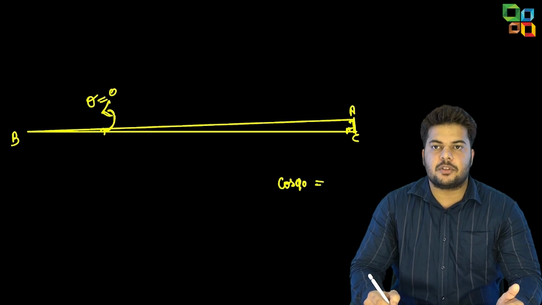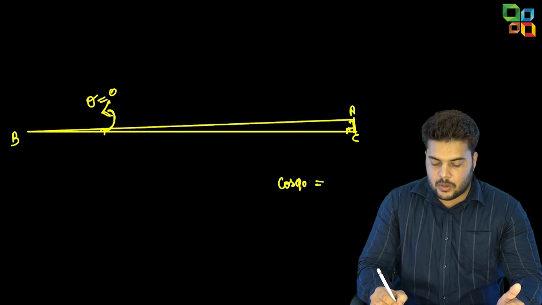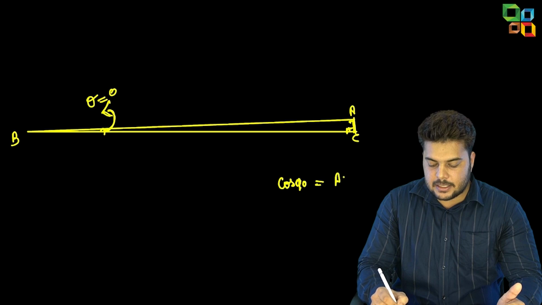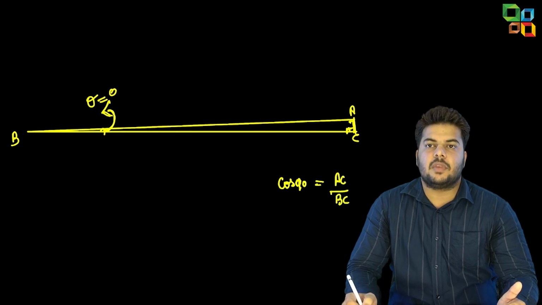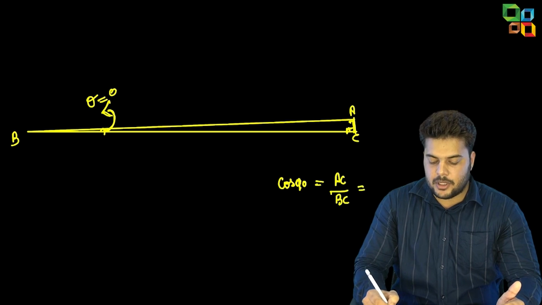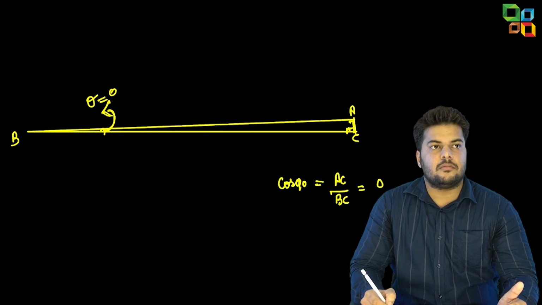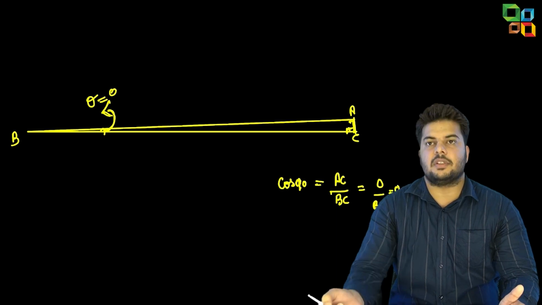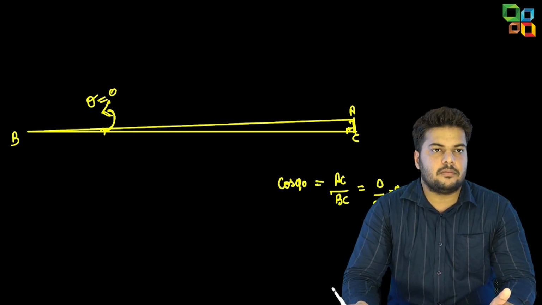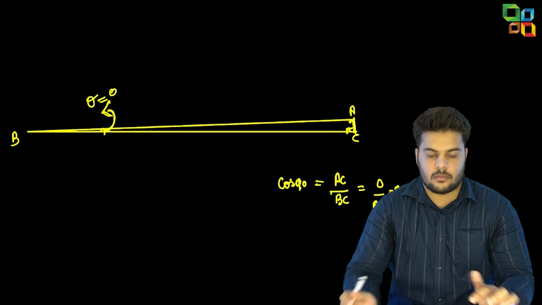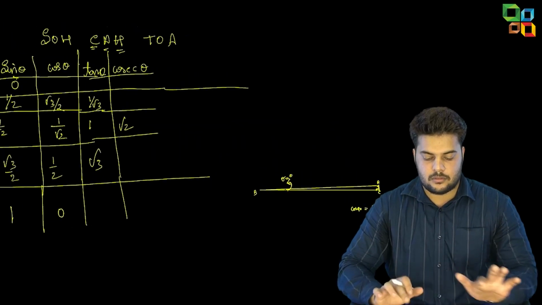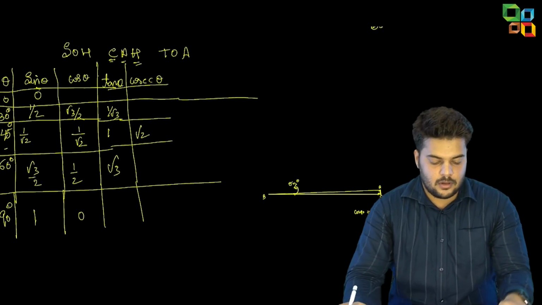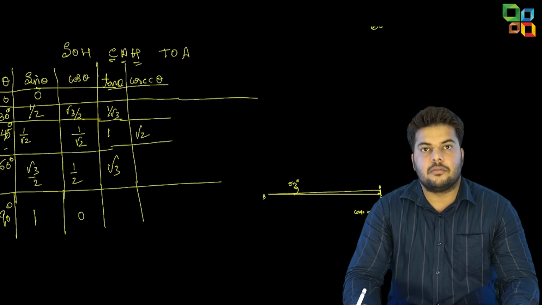So the adjacent side here is AC, divided by the length BC. AC we already know is 0, so AC divided by BC will also be equal to 0. So cos of 90 is 0.